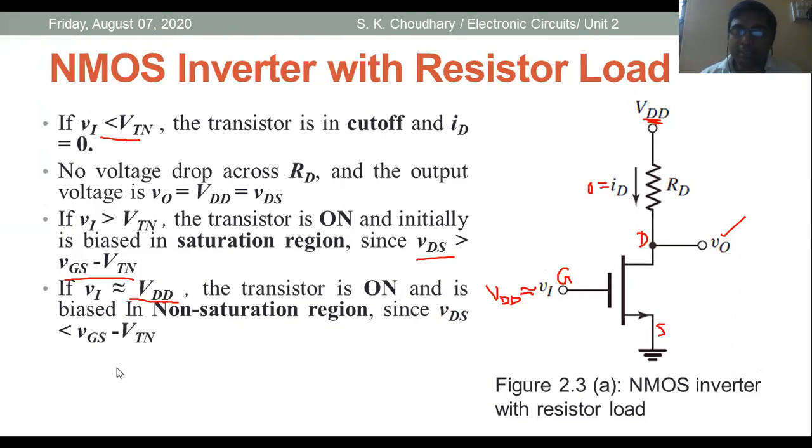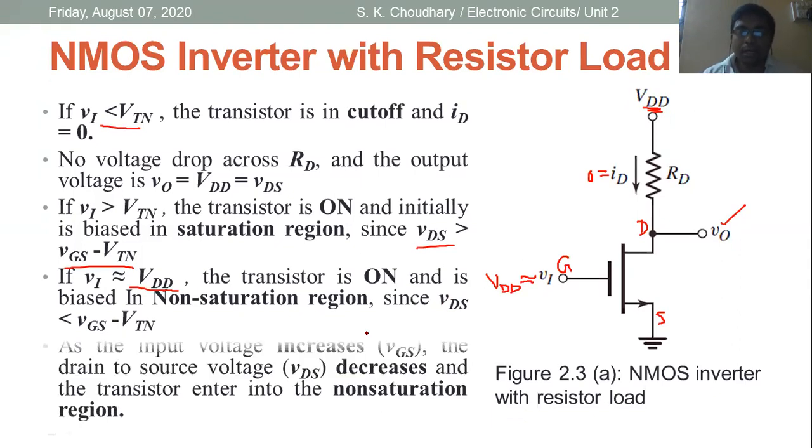Because of that, the transistor enters the non-saturation region, where it acts as a closed switch. As VGS increases, VDS decreases, and as VDS decreases, the transistor enters the non-saturation region and acts as a closed switch or switching device.